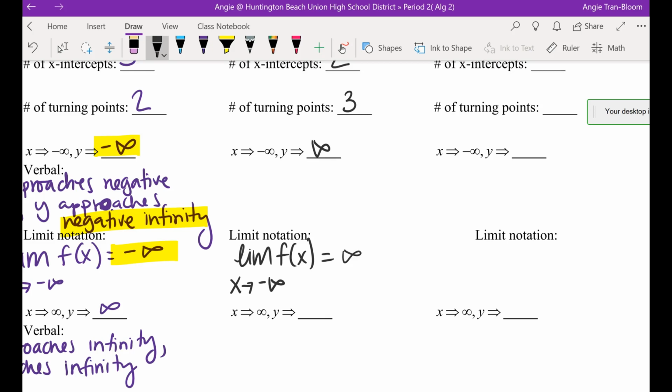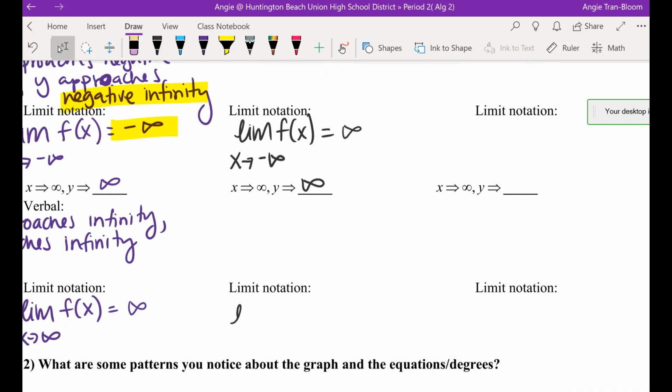All right. Then this right here, x, read it to me. Yeah, x approaches infinity. Y approaches infinity. Okay. All right, so limit notation. Limit as x approaches positive infinity of our quartic equation also equals infinity.